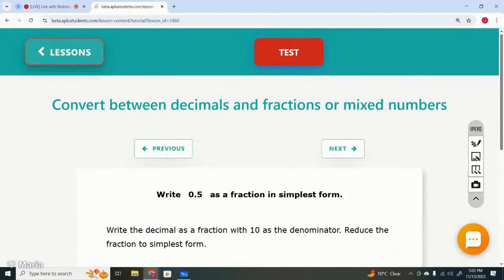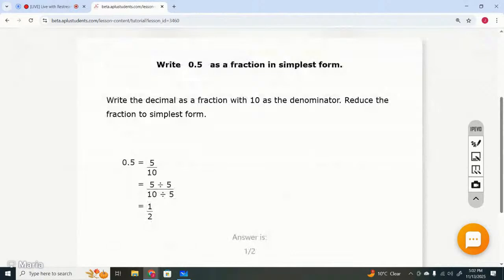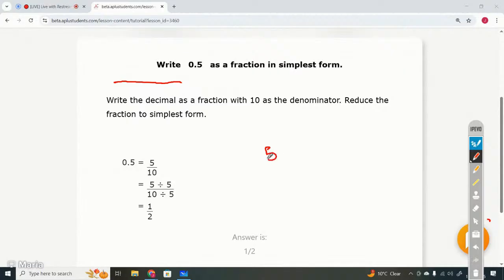Write 0.5 as a fraction in simplest form. Write the 10 as a denominator. Reduce the fraction to simplest form. So we need to remove the decimal point, right? We always put a 1 for the decimal point, and after the decimal point we have only one digit, so just put a 0, so it is 5 by 10, right?